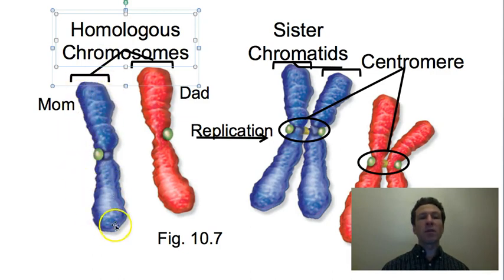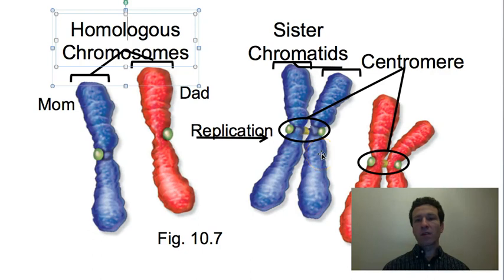This is what the chromosomes look like before they divide. Just one copy of the DNA on mom's chromosome and one copy of the DNA on dad's. After DNA replication, we'll see that we end up with two copies of the information on both of the chromosomes. So mom's chromosome has replicated, and now there are two literally identical copies of DNA on each of the structures here.